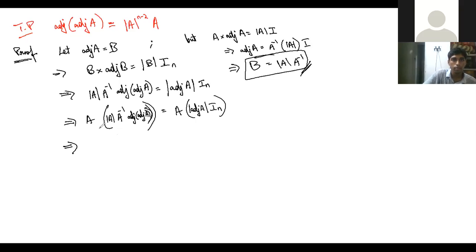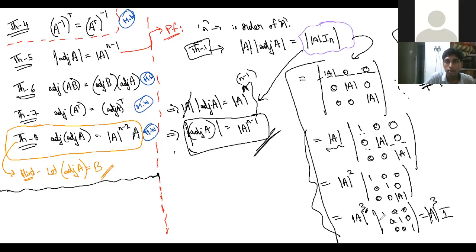So here A into I_N becomes A, and here A into this becomes inverse A. So directly I'm writing determinant of adjoint of it is equal to determinant of adjoint A. What is determinant of adjoint A? This we proved in the last class, last theorem. Determinant of adjoint A is det A whole to the power n minus 1.